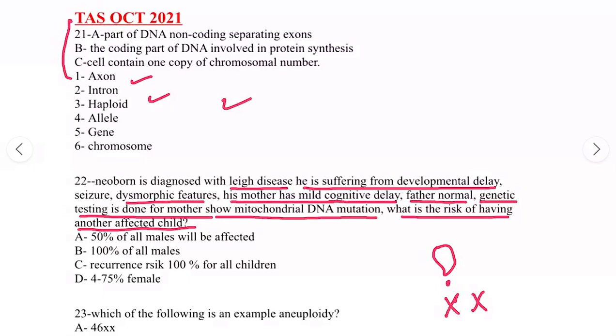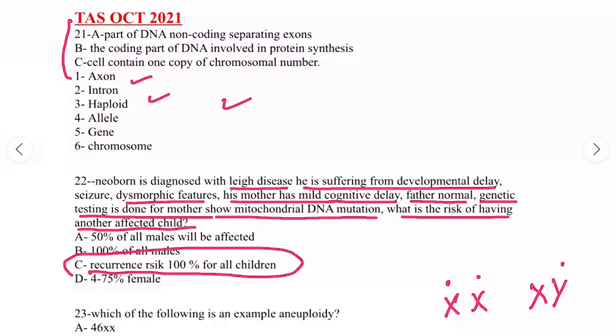Why is this the answer? This is from the mother's mitochondria, so every child has a 100% chance of carrying this mutation. C is the correct answer.